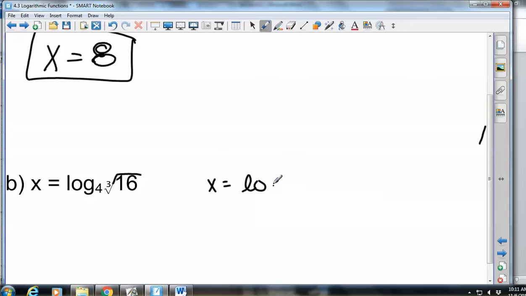But a cube root is what kind of power? 1/3. How could you break down 16?